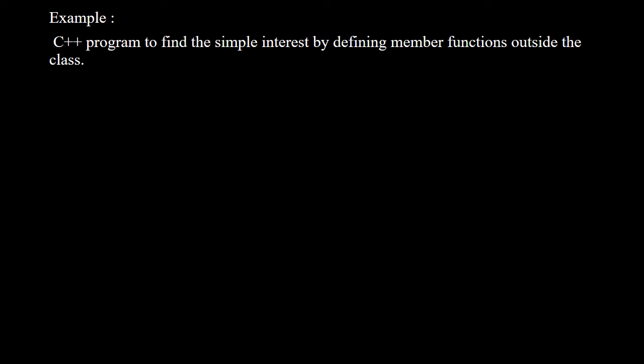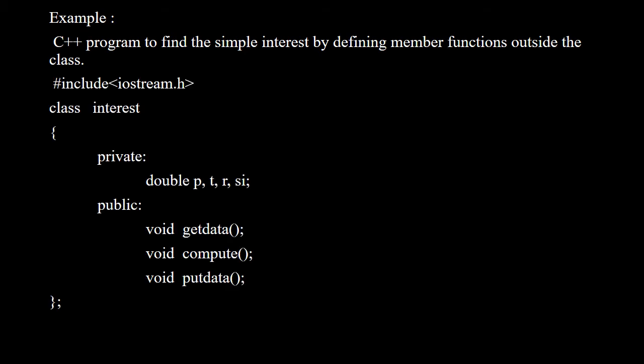Next is the example C++ program to find the simple interest by defining member functions outside the class. You have to define the header file first, that is #include <iostream.h>. Then define your class name. Here the name of the class is InRest. Then open curly bracket, define the data members and member functions.